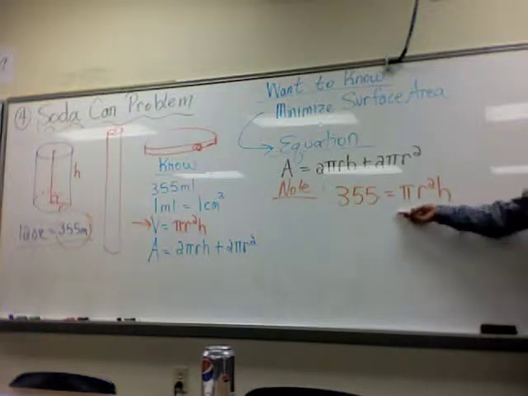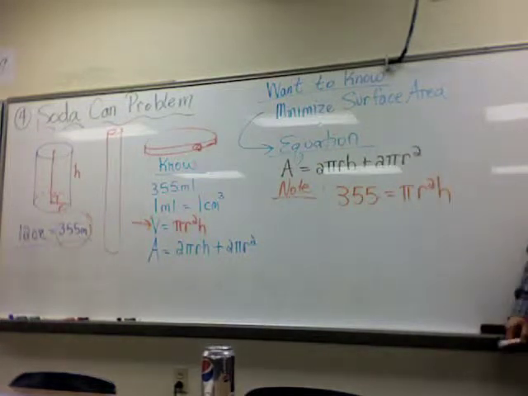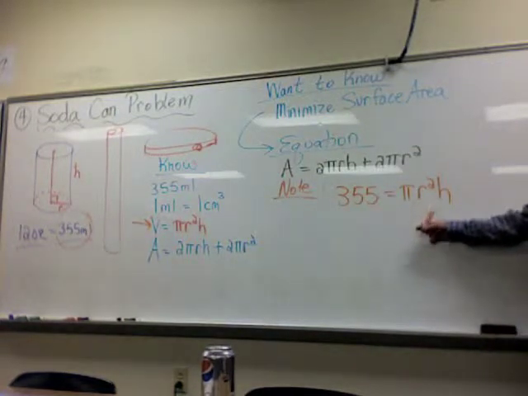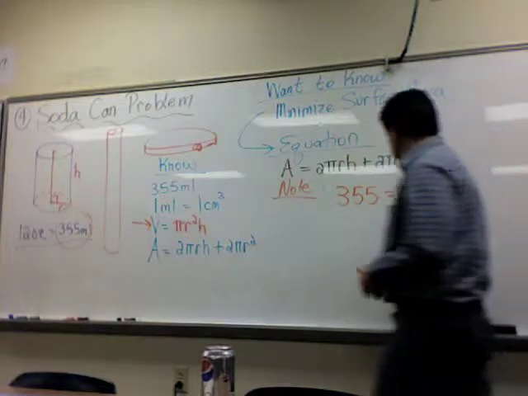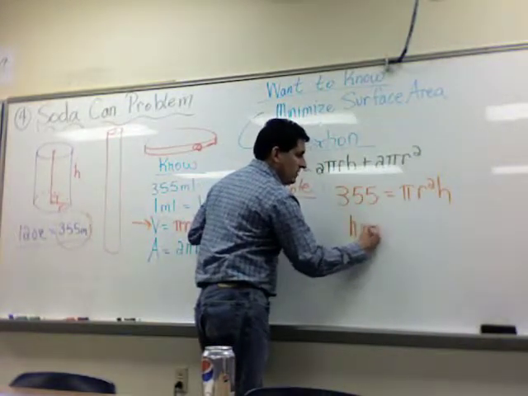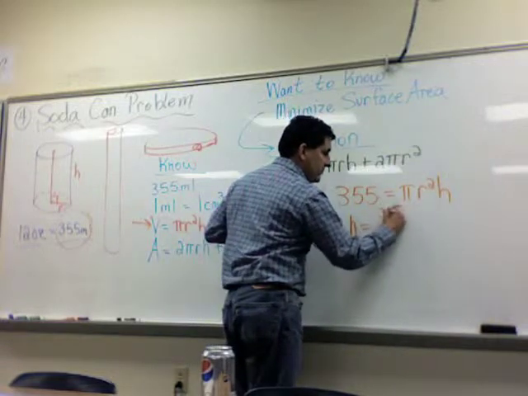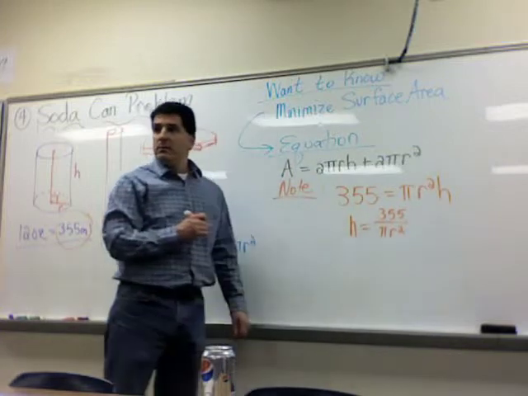We get to solve this for one of the variables, and then we can plug it into this guy up here. All right, what do you want to solve this for? What do you think would be good? I'd solve it for H too. So let's solve this for H. We're going to divide. So I've got H is equal to 355 over pi r squared. See that?